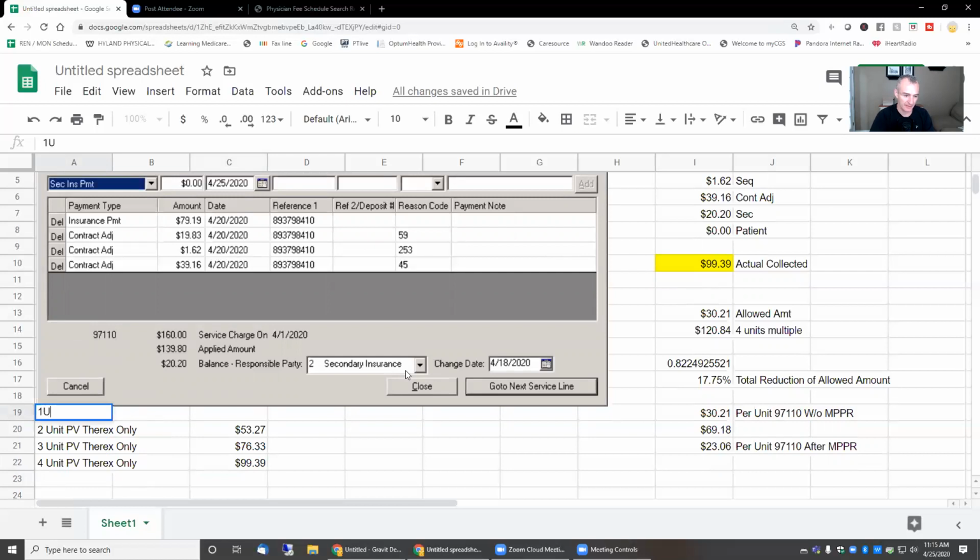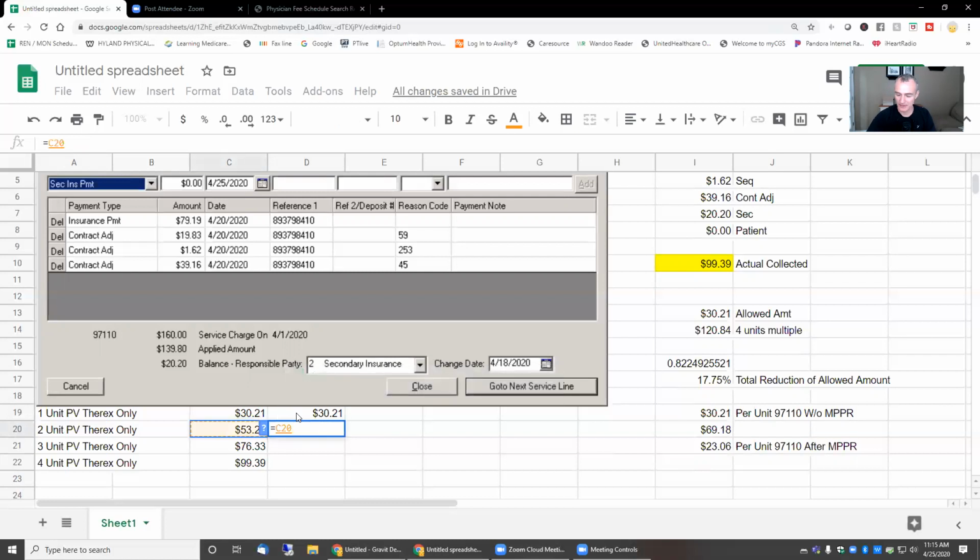Now one, let's do this. Now I'll show you where this gets cool. Okay. So remember, one unit does not have an MPPR. So this is going to equal that.